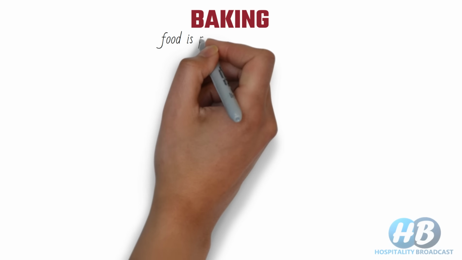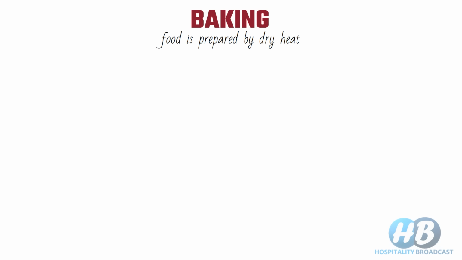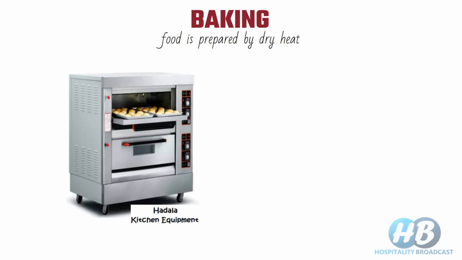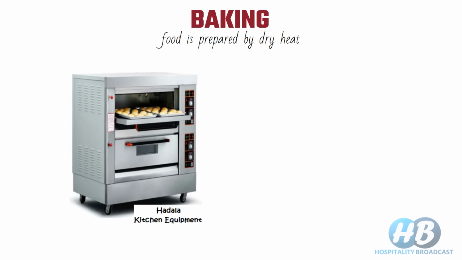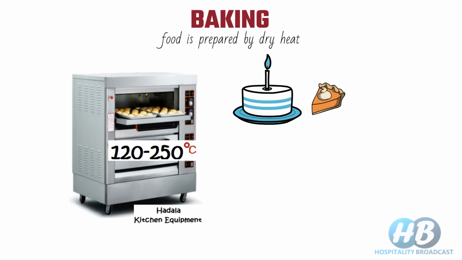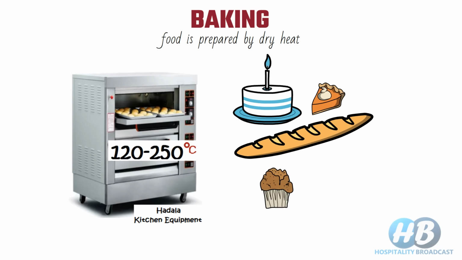In this method, food is prepared by dry heat, typically in an oven. Temperature normally varies between 120 to 250 degrees Celsius. Here, no additional fat is required to cook food. Some examples of baked items are cake, pastries, pieces of bread, muffins, etc.